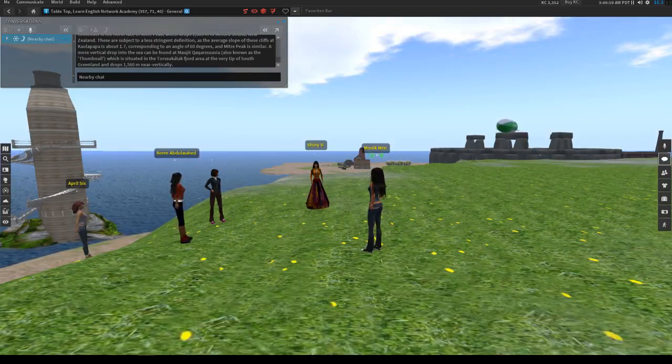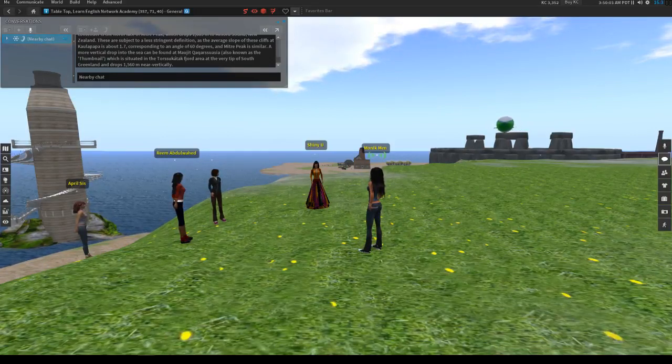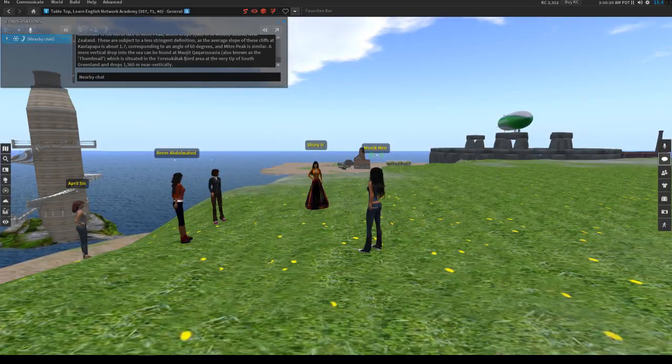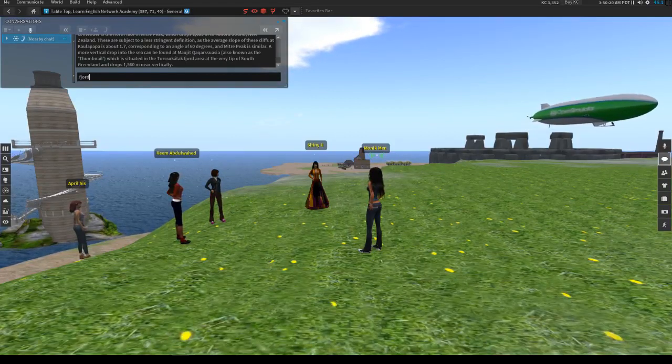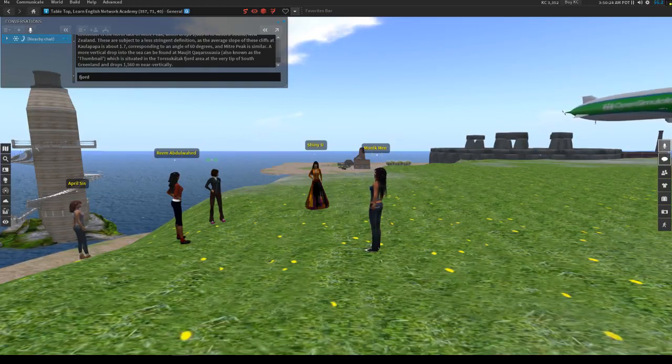A more vertical drop into the sea can be found at Maujit Kakarasulasia, also known as the thumbnail, which is situated in the Torsukatak Fjord area at the very tip of South Greenland and drops 1,560 meters near vertically. Wow, well done you.